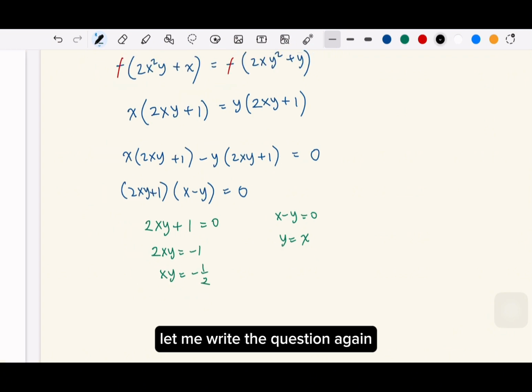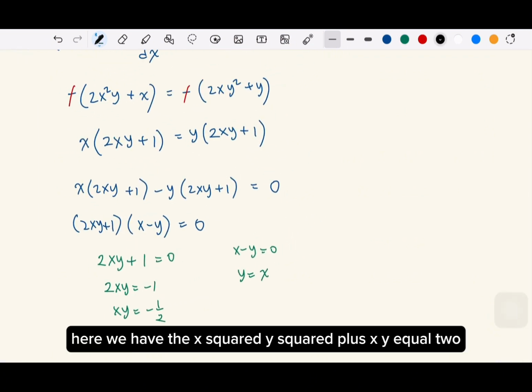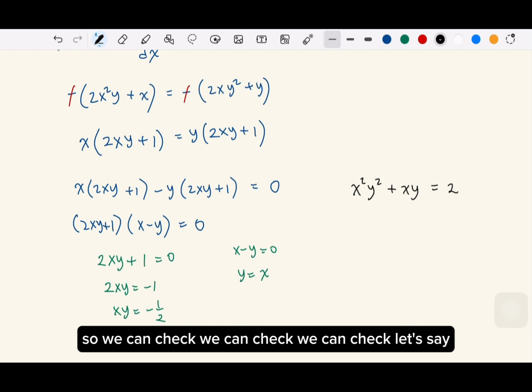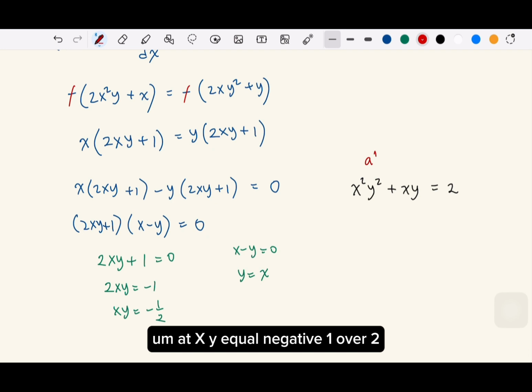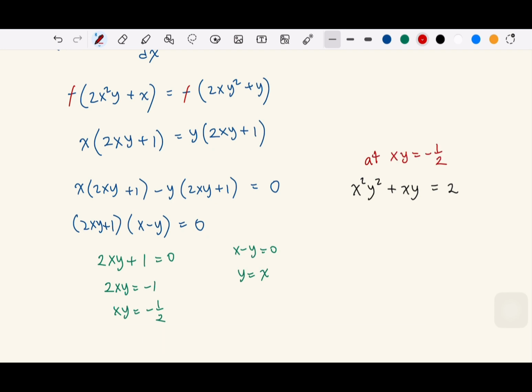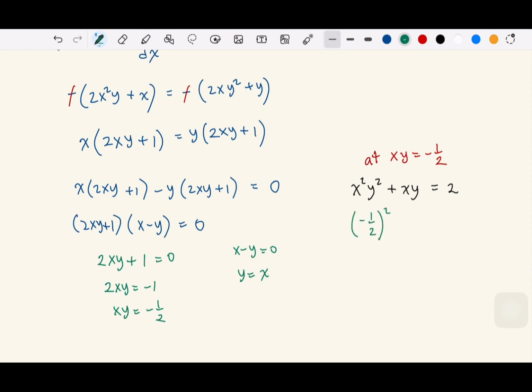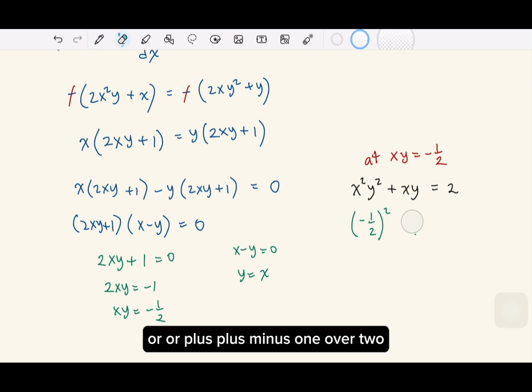Let me write the question again here. We have x squared y squared plus xy equal to 2. So we can check. Let's say at xy equal to -1/2, then this will be (-1/2) squared plus (-1/2).